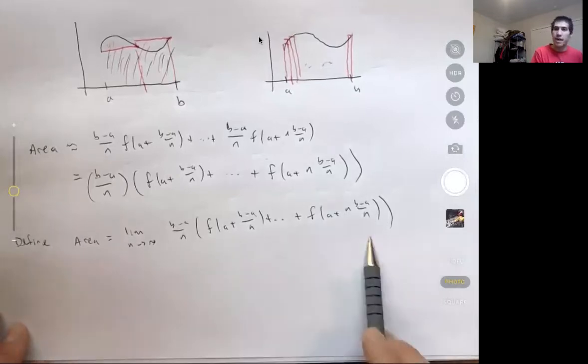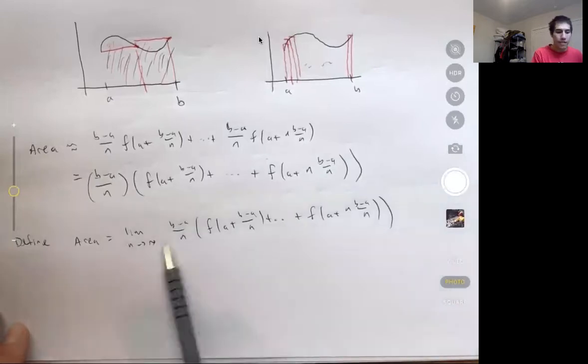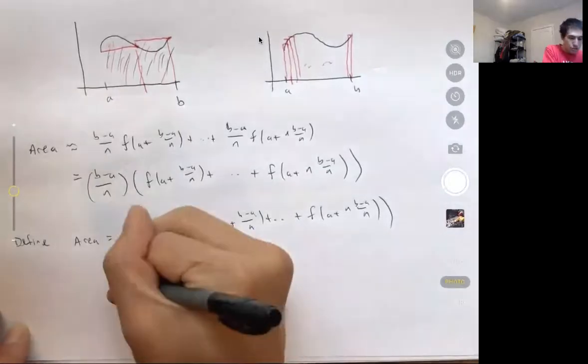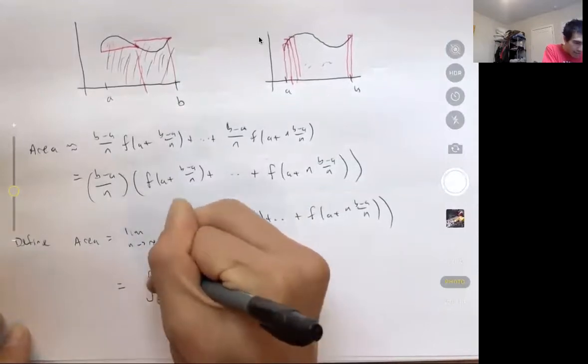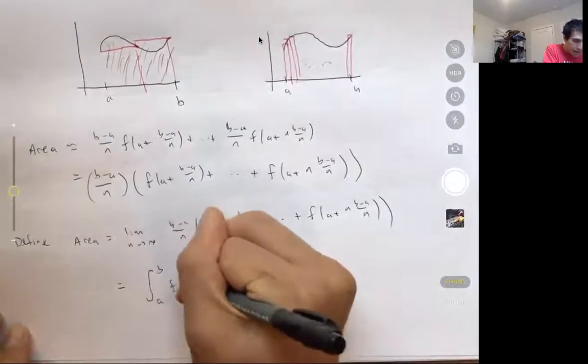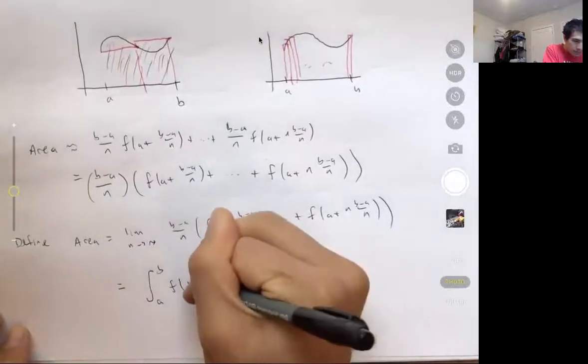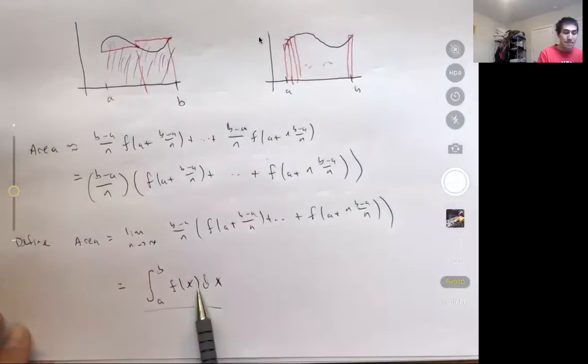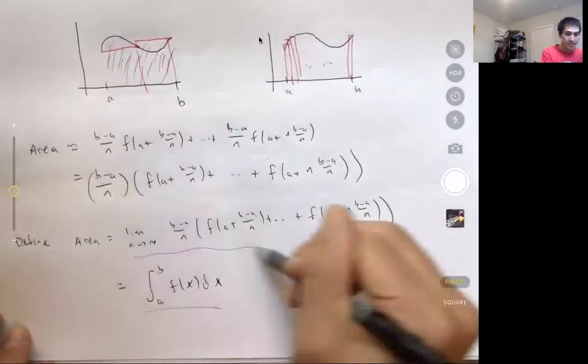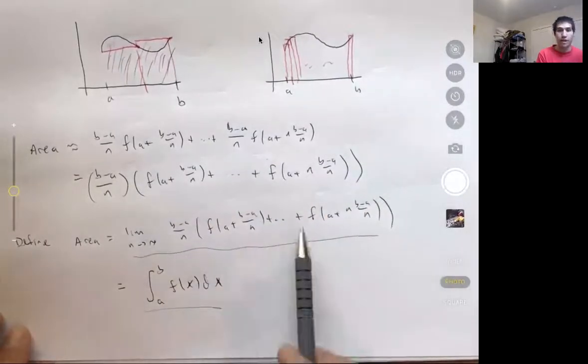I have this approximation, and I take the limit, and I define this to be my area. And whenever this limit exists, I use the following notation: this is the integral from a to b of f of x dx. This notation means exactly what I've written down right here.